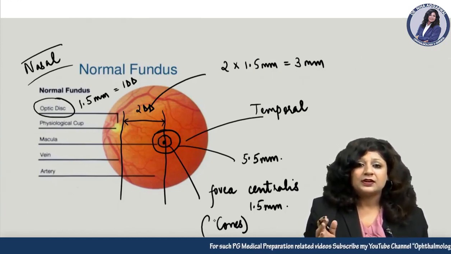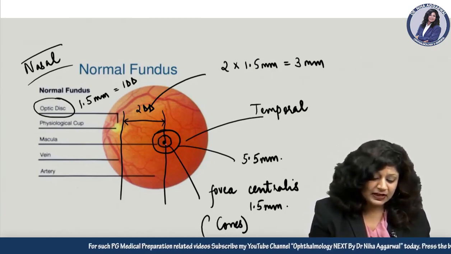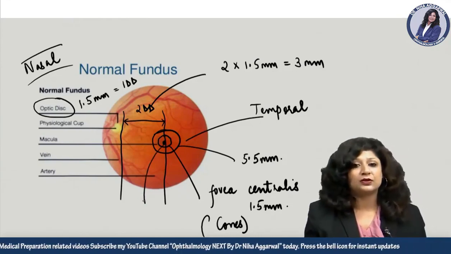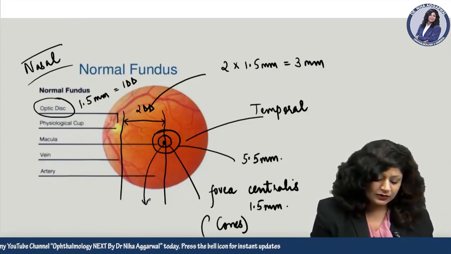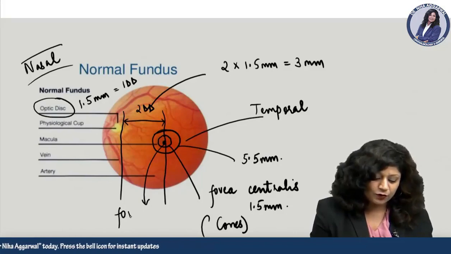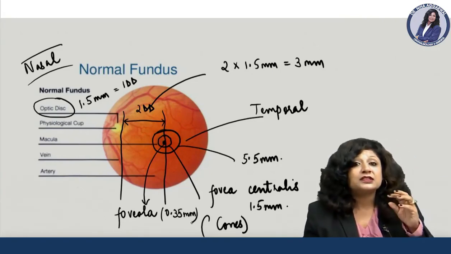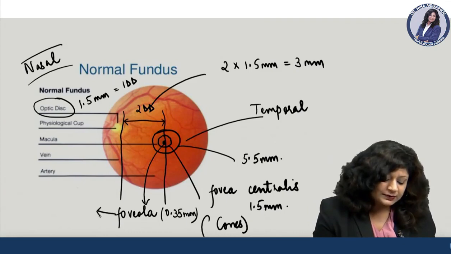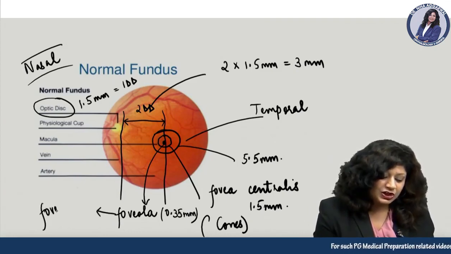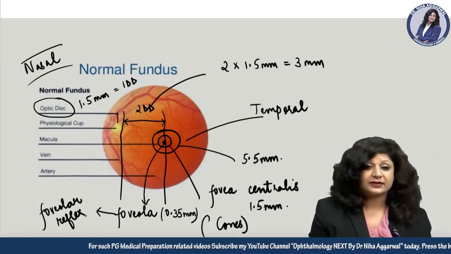That is why this is the most sensitive part of the retina. Now, the shining reflex comes from the center of the macula, and the center of the macula is called the foveola. Foveola has a diameter of 0.35 mm, and this foveola is responsible for giving a shining reflex that is called the foveolar reflex.